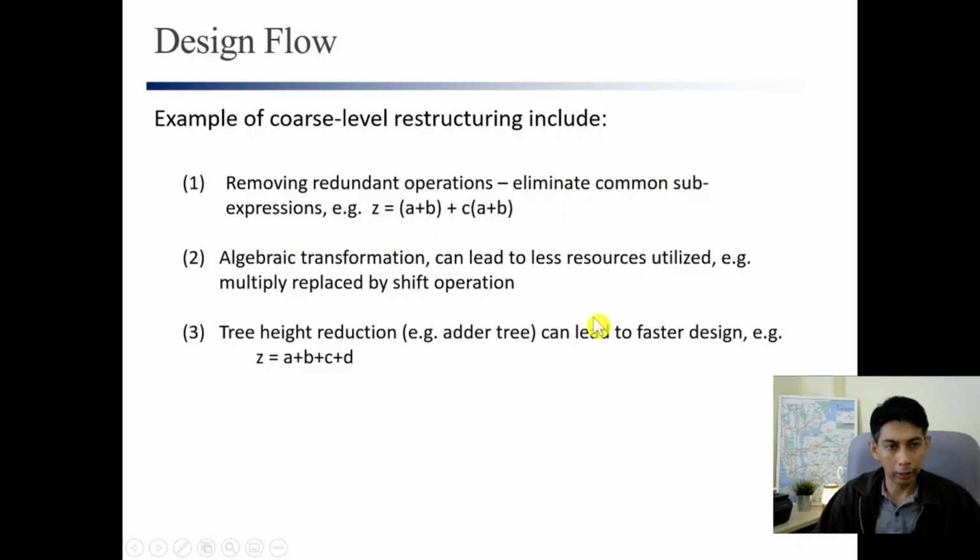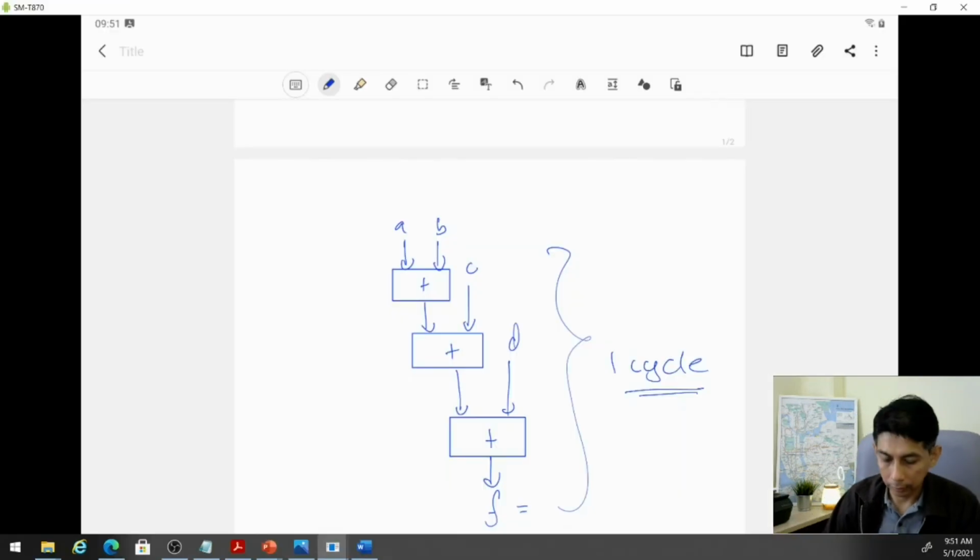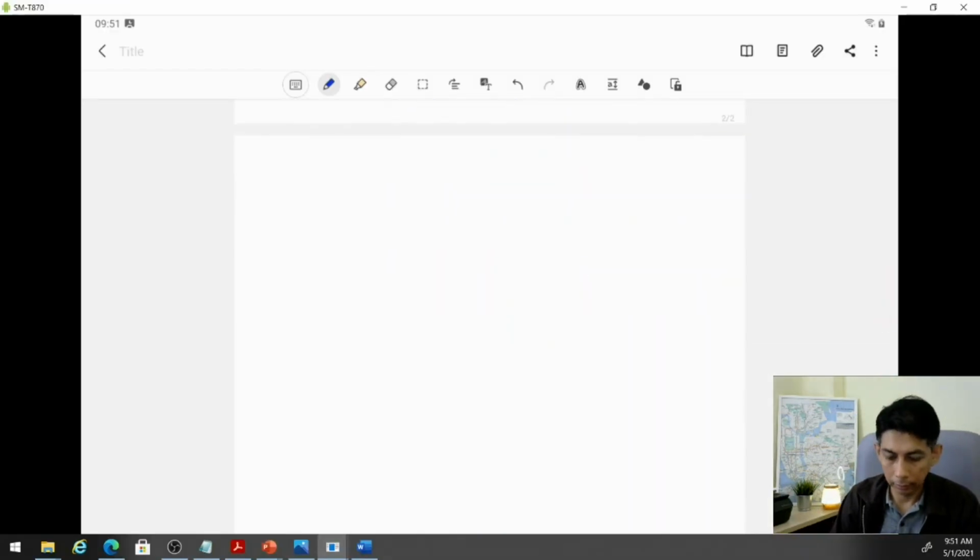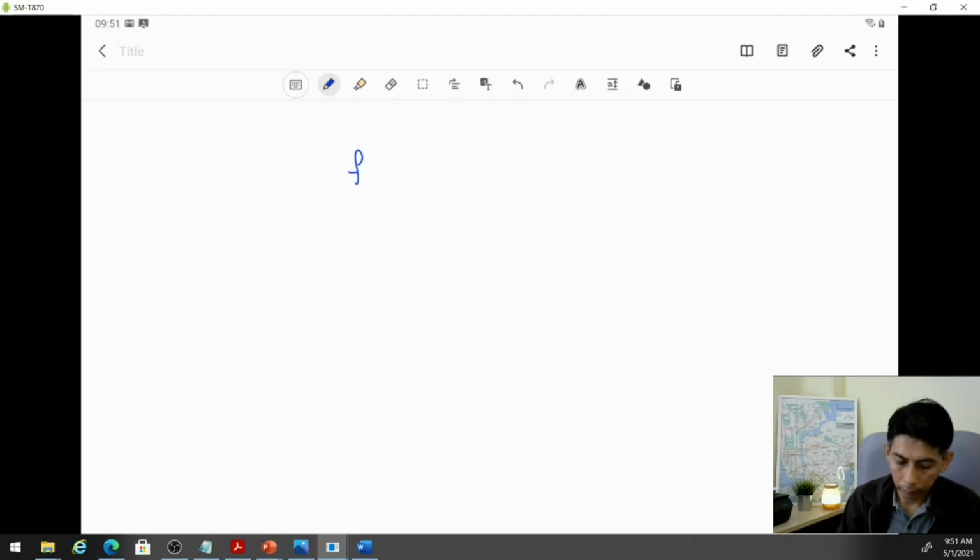For example, if we have an equation like this, we can factor a, and we have b plus c.